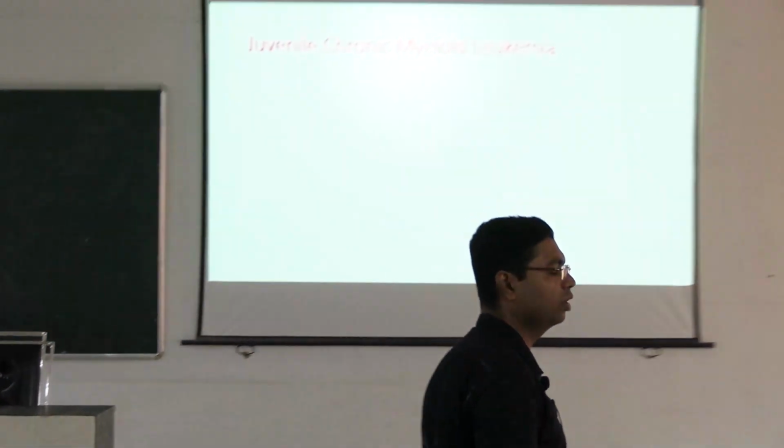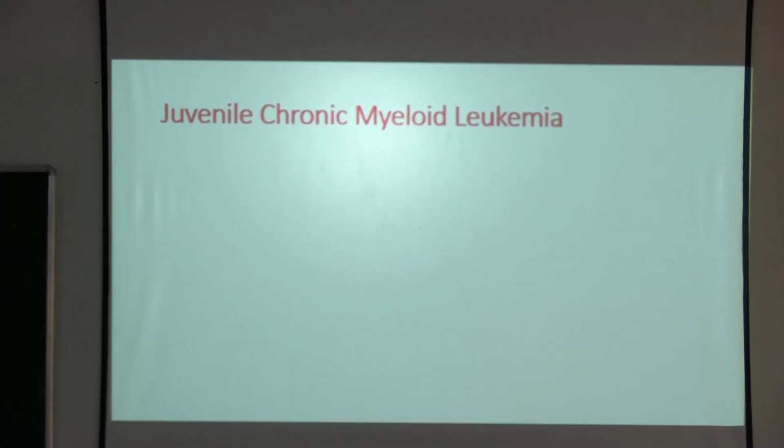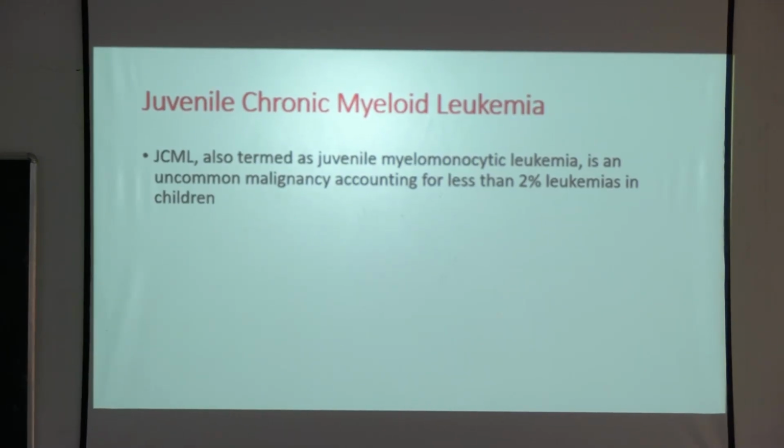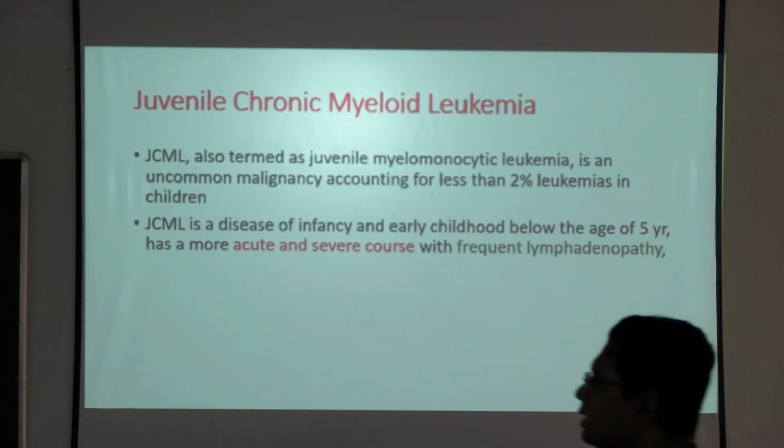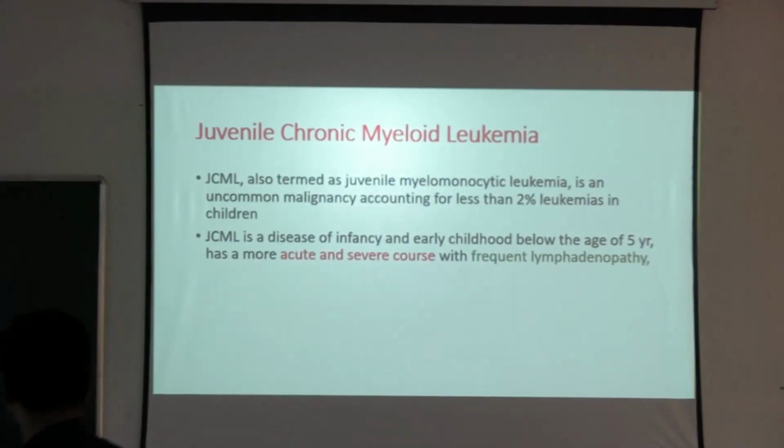Now coming to the second variety of CML, that is Juvenile Myelomonocytic Leukemia or Juvenile Chronic Myeloid Leukemia. Juvenile Myelomonocytic Leukemia is an uncommon malignancy and accounts for less than 2% of leukemias in children. As I said, the prognosis is very poor.